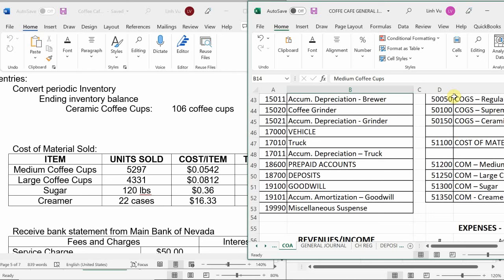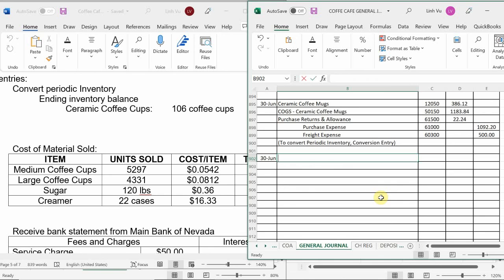So starting with account 51,200, 51,250, 51,300, and 51,350.